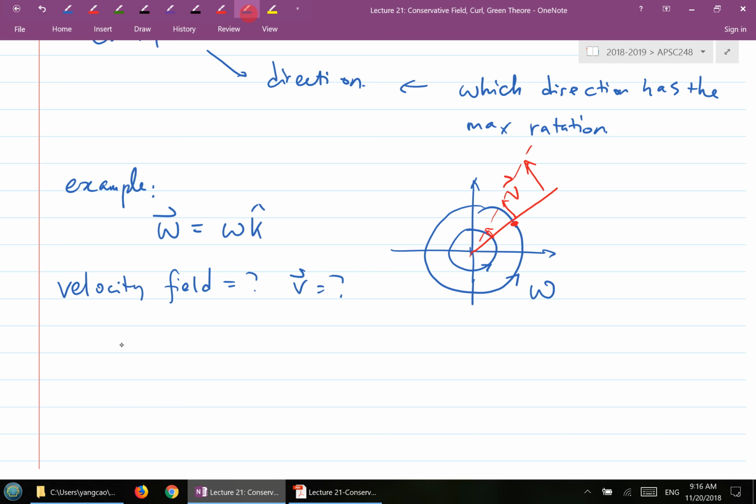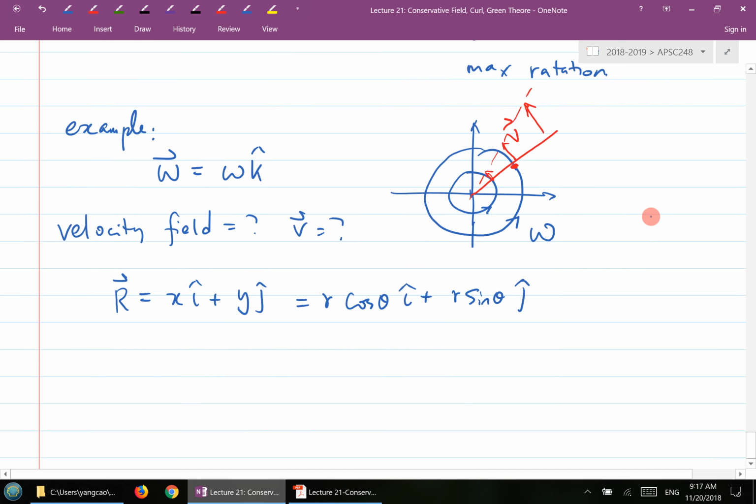The velocity field can be derived based on the position vector. If I pick any point inside this xy plane, my position vector is r cosine theta and r sine theta. And theta dot, or d theta over dt, equals omega.